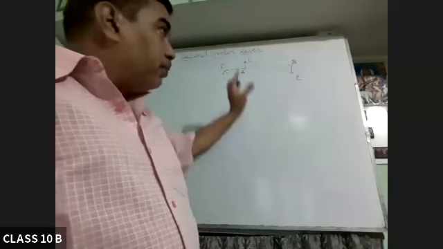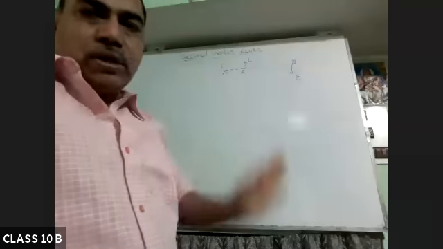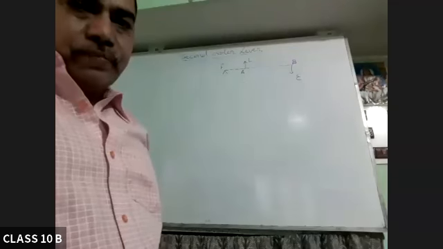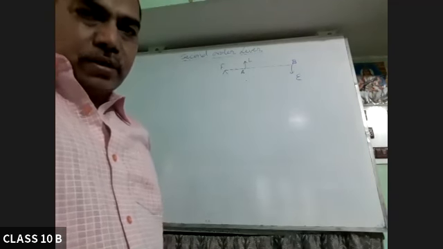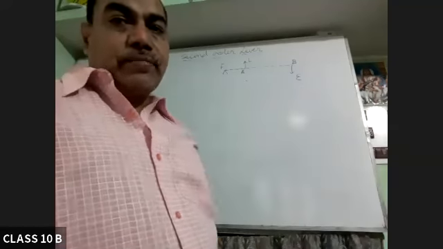So in case of second order lever, there is only one possibility. In first order, different possibilities are there. The fulcrum may be closer to load, closer to effort, or equidistant.